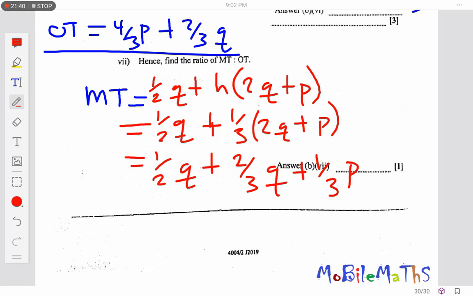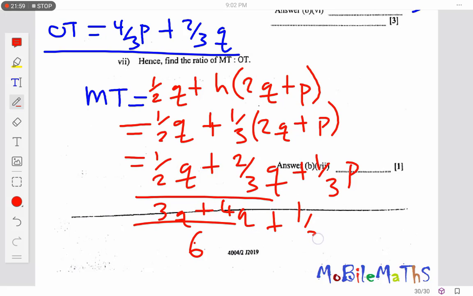Simplifying the Q's together and the P's together, for the Q's I have a common denominator of 6, and this will be 3Q plus 4Q, plus 1 over 3P.